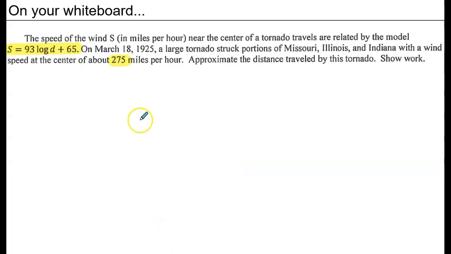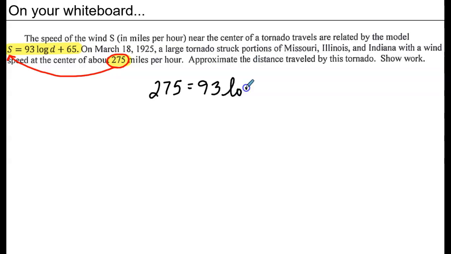So we're going to substitute 275 for S, the speed of the tornado. So we'll have 275 equals 93 common log of D for distance plus 65.